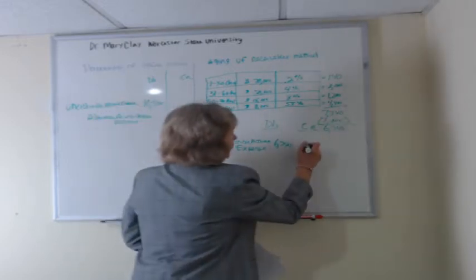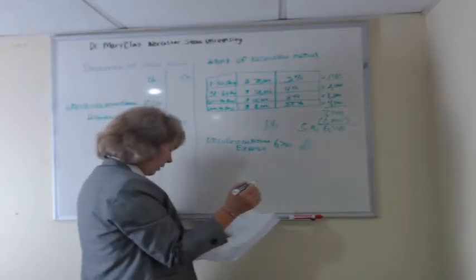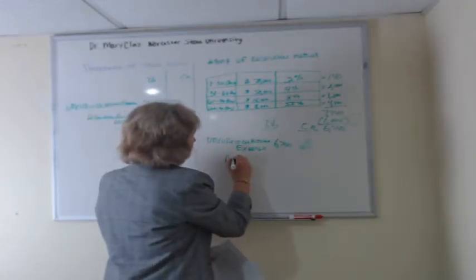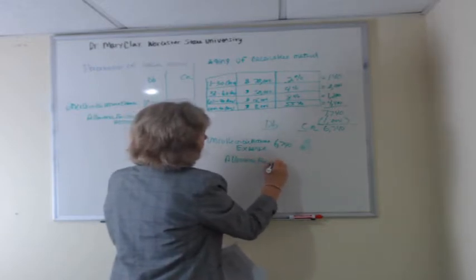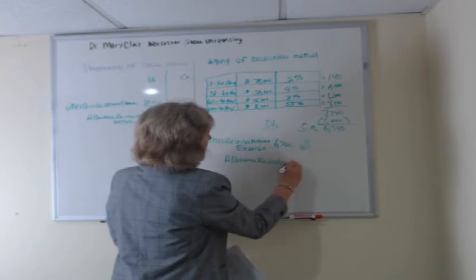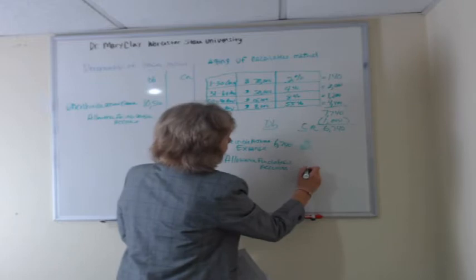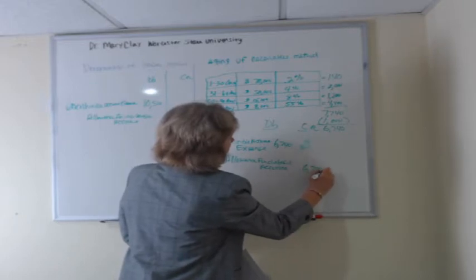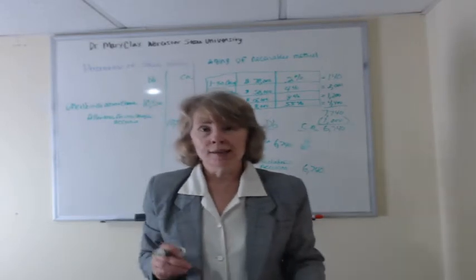And then when you credit, you're going to credit allowance for doubtful accounts, 6,740. Okay? All right, so that's the first requirement that you will see in the lab.